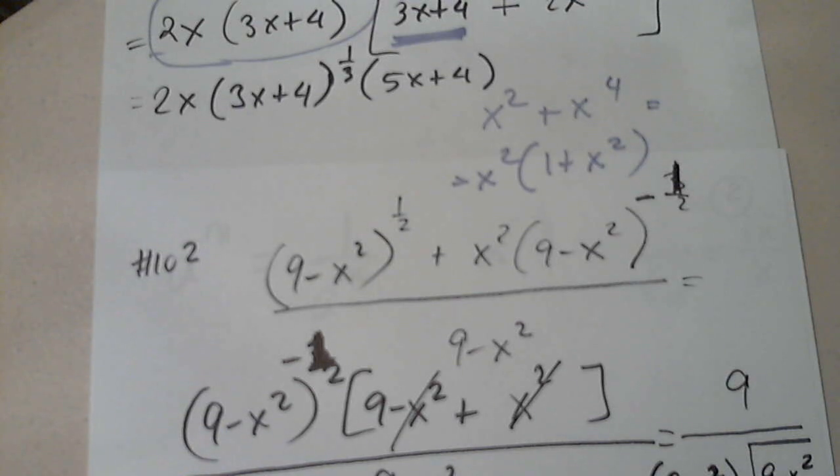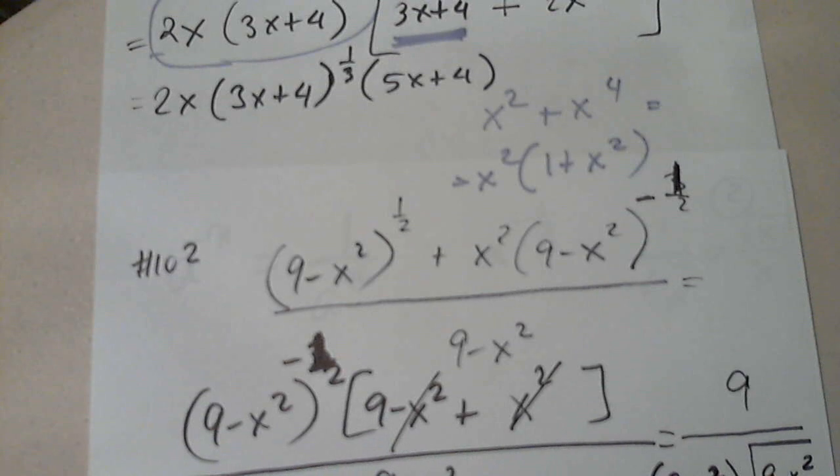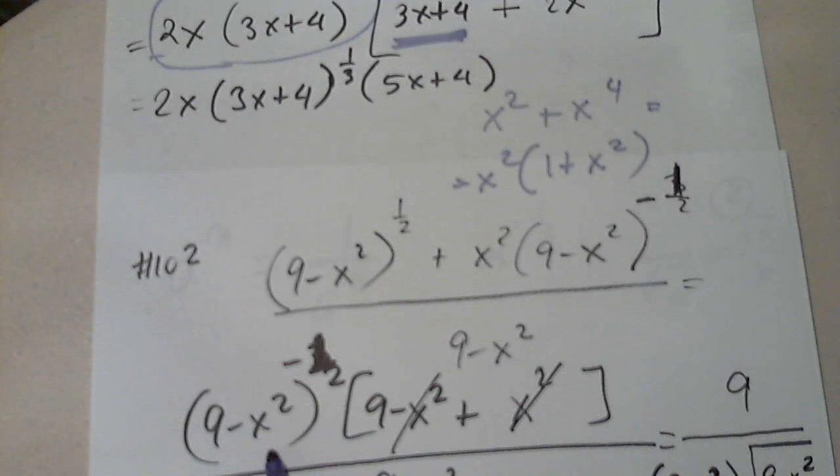So wouldn't it cancel out the 9 minus x squared to, yeah, that? Cancel out with what? With, never mind. So you want to cancel this out with what? With what quantity?